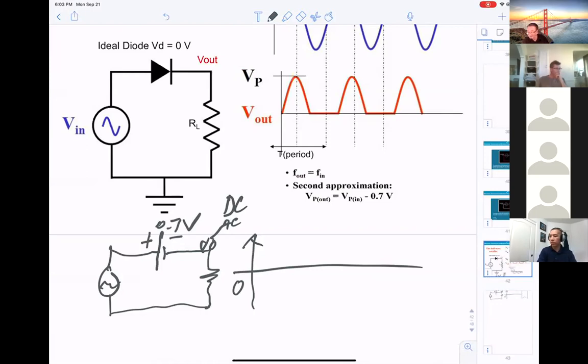When you're looking at the output here, you get a sine wave. And also I said you set the diode on. You have to remove the diode and put in the 0.7 volt DC. My question is, at the Vout, at the output here, what should the voltage be?